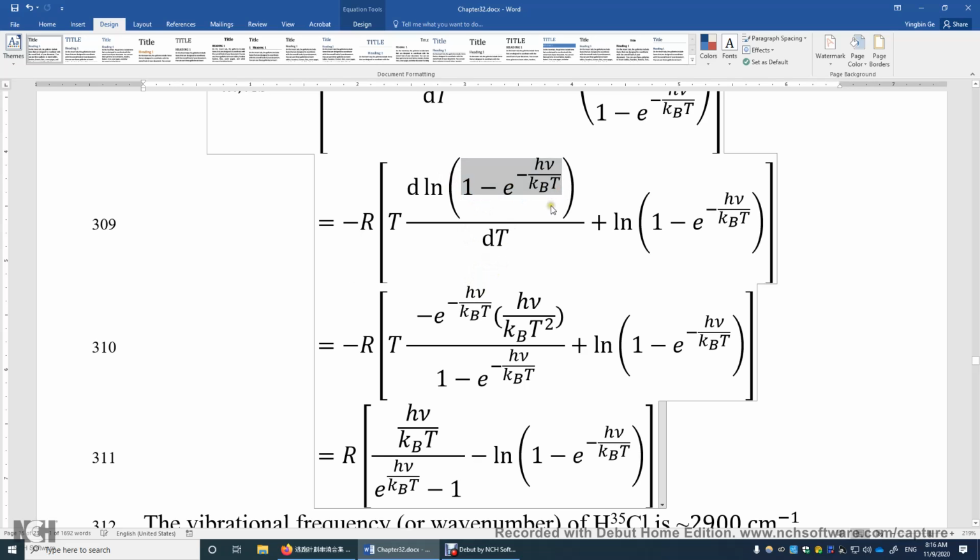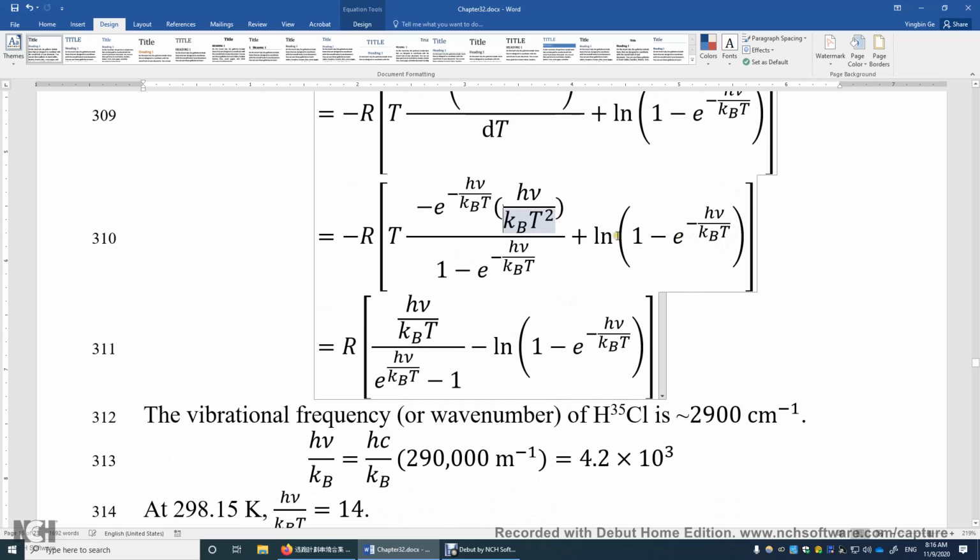If we use the chain rule in calculus, we're going to see 1 over this term right here, and then we need to take the first derivative of this term. It's going to be over here. Now we can further simplify this term. We can just multiply the numerator and denominator by e to the power of positive h nu over kBT, and I think you'll get this.